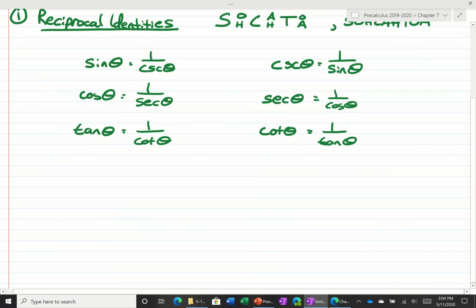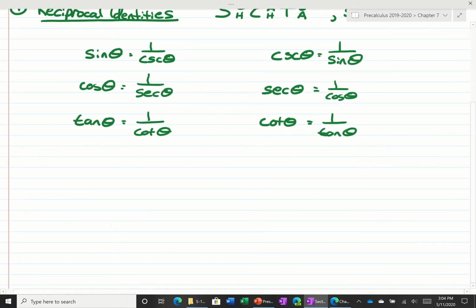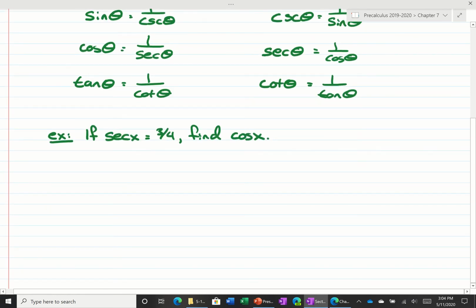So a question that you could be asked from these first identities is that if the secant of x is equal to 3/4, find the cosine of x. And this is a really easy problem. Remember, the way we go from secant to cosine is we just take the reciprocal. So the reciprocal of 3/4 is just 4/3.